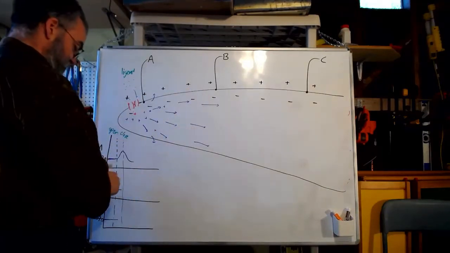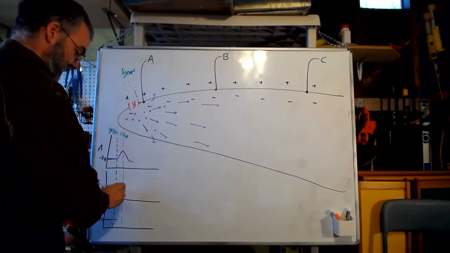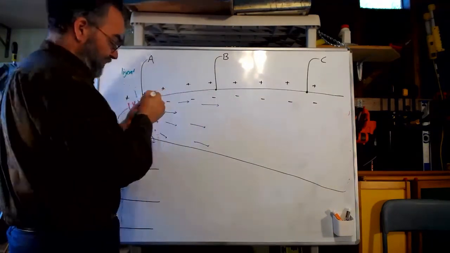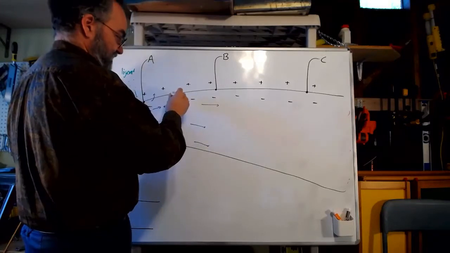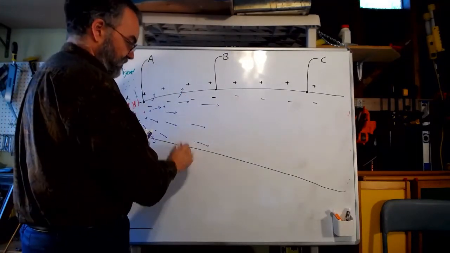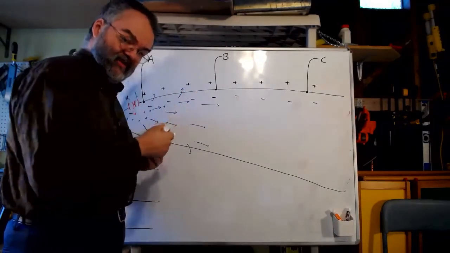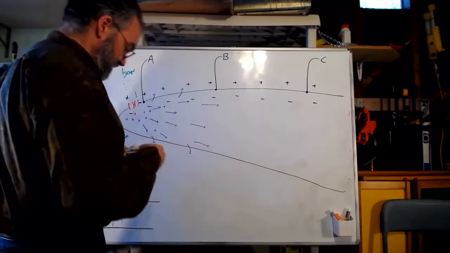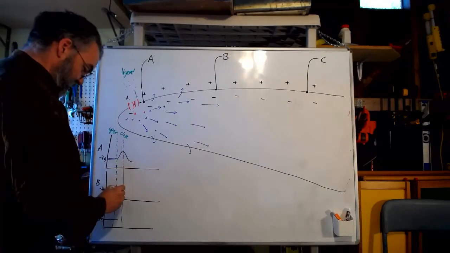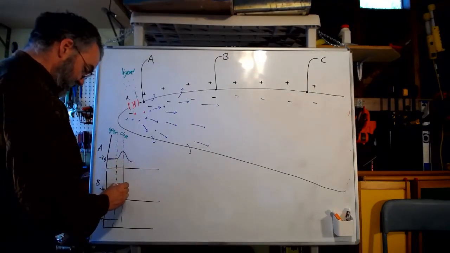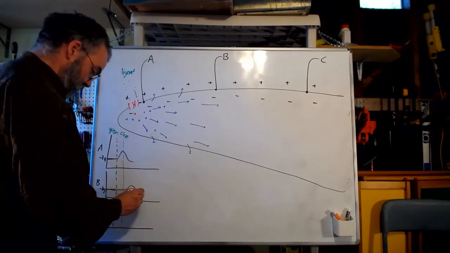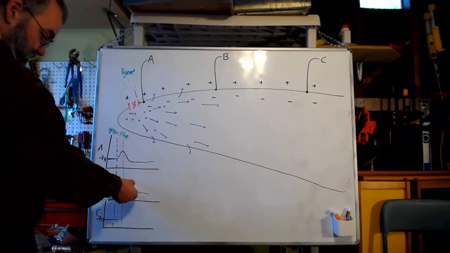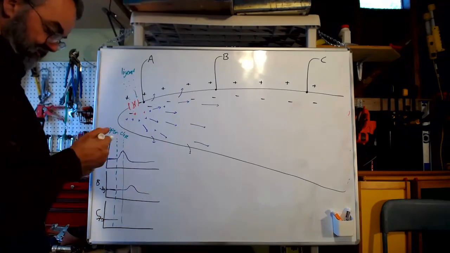Here at location B, though, after a little while, that wave gets to location B. Now, some of it has dissipated. Some of these positive charges getting shoved around have left the cell. There isn't as much left here. It kind of drops as it spreads. It decays. So the effect I see here at location B will be smaller. Notice location A was bigger, location B is a little smaller.